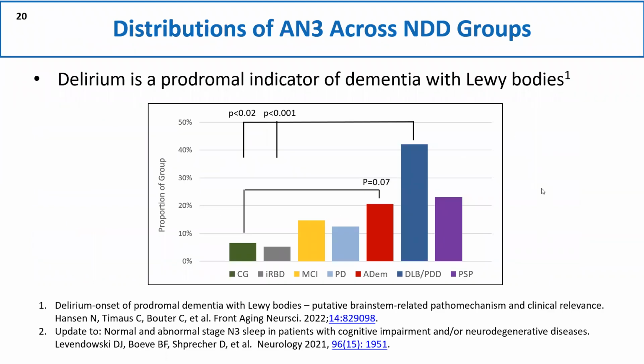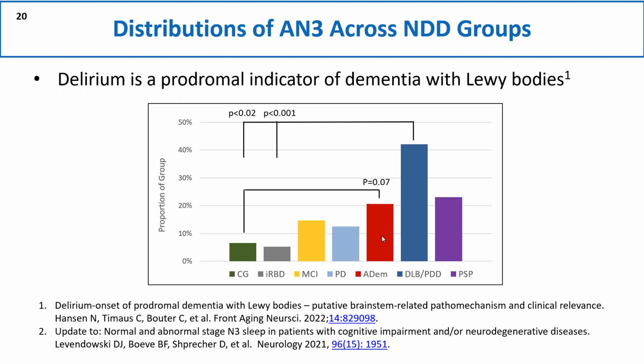Prior to that paper, and separate from it, we had noticed that in Alzheimer's, N3 sleep had previously been reported to be suppressed compared to controls, and we were hoping to replicate that finding. We weren't able to.